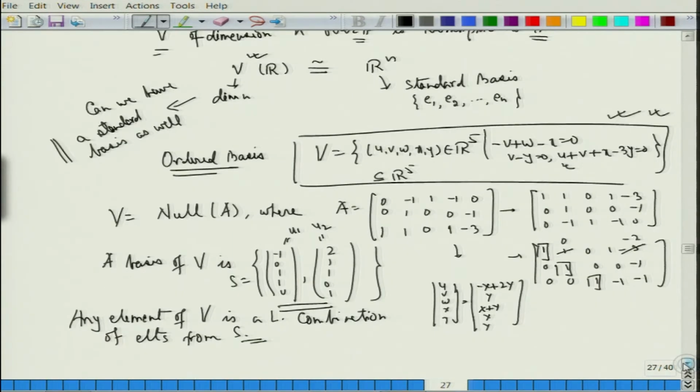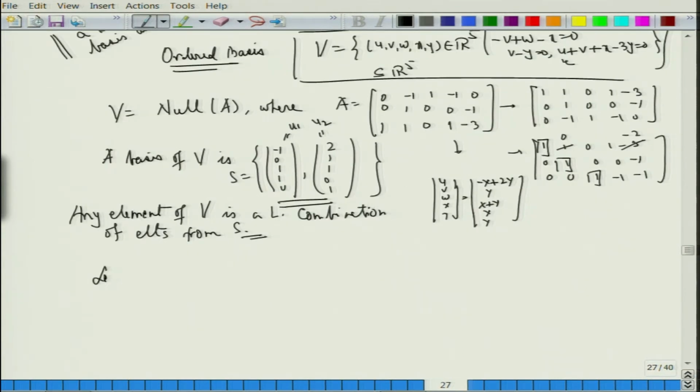Let me proceed further. So, take any vector there. Whatever vector you want to take, let u belong to V. Since u belongs to V, u is equal to alpha times (minus 1, 0, 1, 1, 0) plus beta times (2, 1, 1, 0, 1).